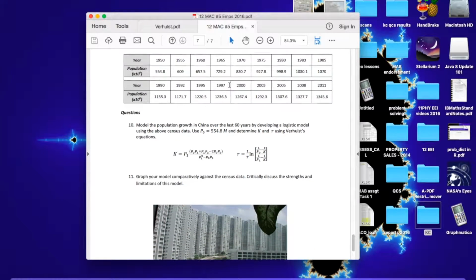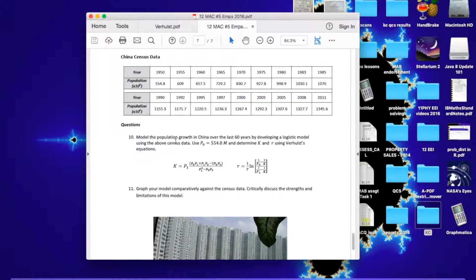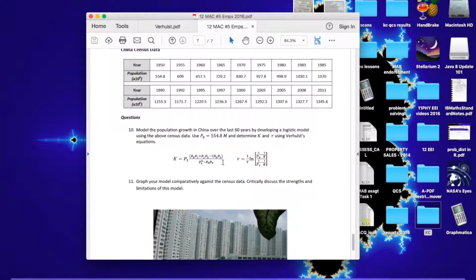And it's just a subtle change, really. Previously, we had to come up with a logistic model to emulate this population growth in China using technology, but now I'm suggesting we'll use these equations here to come up with the R and K parameters. These are the Verhulst equations for working out R and K. So that's the modification that's occurred there.